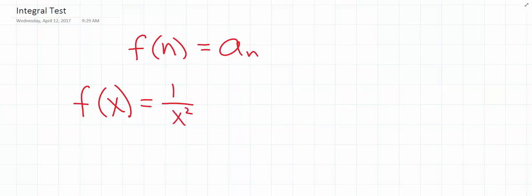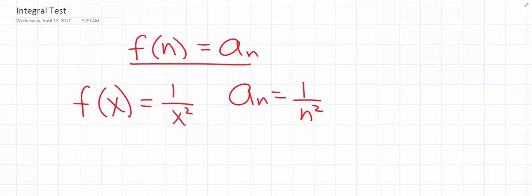This notation means that the series would be 1 over n squared. In other words, f of n is equal to 1 over n squared, because we generally use n or k when we're talking about a series instead of x. X has the connotation of being continuous.